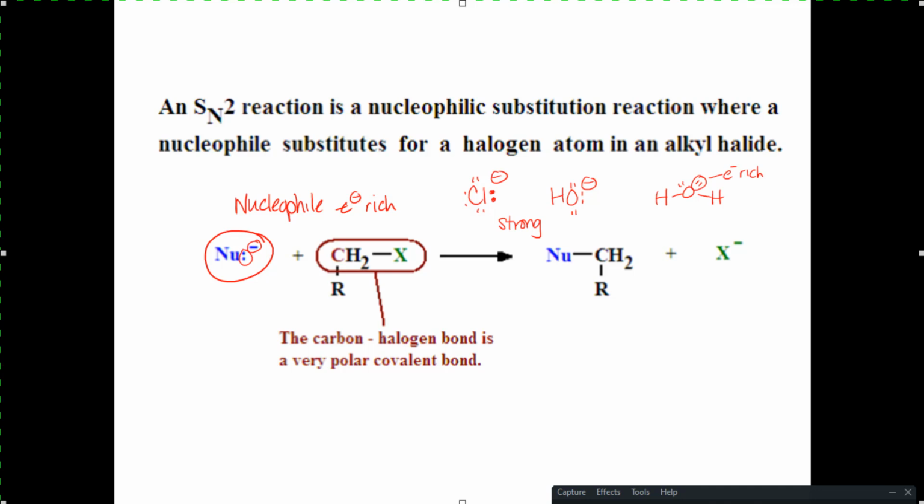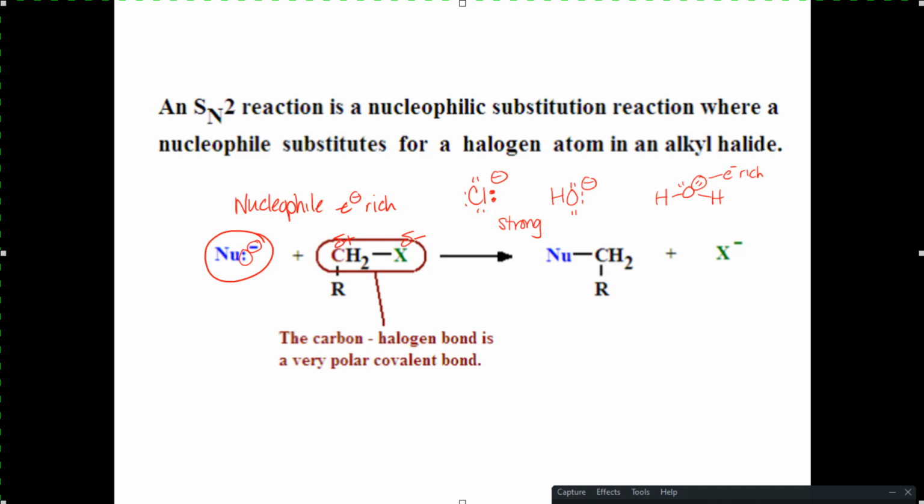Now, we're going to react the nucleophile with a carbon that has a halogen attached to it right at the beginning. And the reason for that is simply the delta minus of the halogen, and that leaves the carbon delta positive. So delta plus, delta minus.